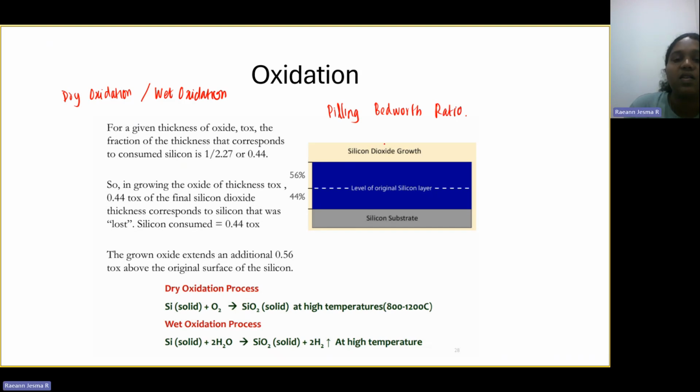The molar volume of silicon dioxide is larger compared to that of silicon, so the silicon dioxide that grows will occupy more volume compared to the silicon substrate.